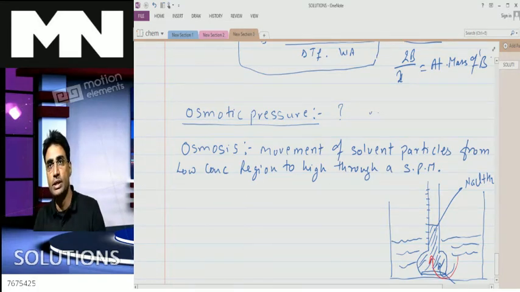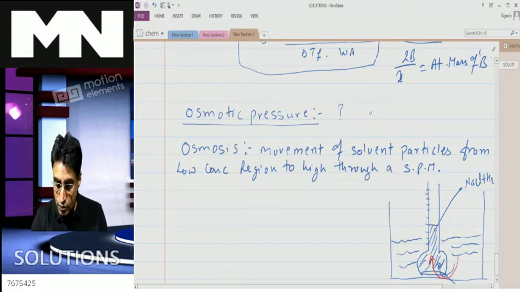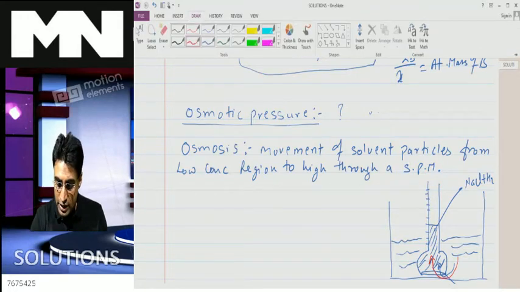This movement is osmosis. If we talk about the concentration of the solution, it is higher inside the funnel and lower outside. So the movement of solvent particles from lower concentration region to higher concentration region is known as osmosis. Now what will happen as osmosis occurs? The level of the column will increase.